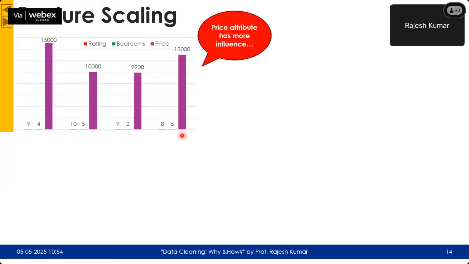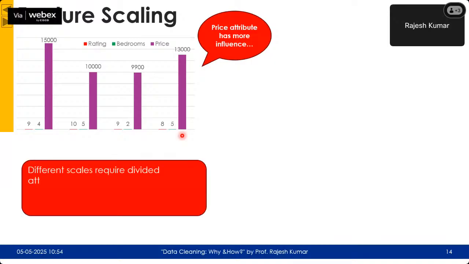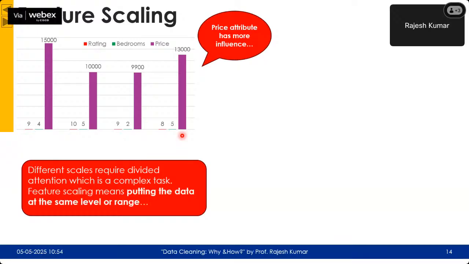So the price attribute will have more influence in this particular case. And the models we develop for this kind of scenario are biased. So to remove that, we have to bring these data to the same level, basically.